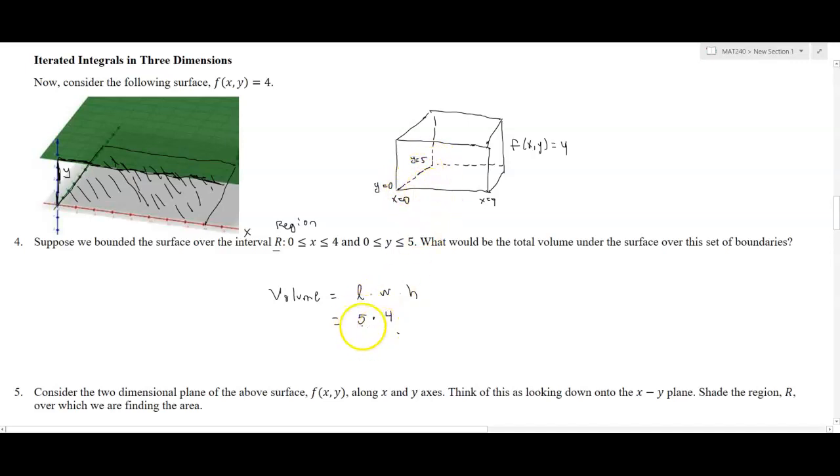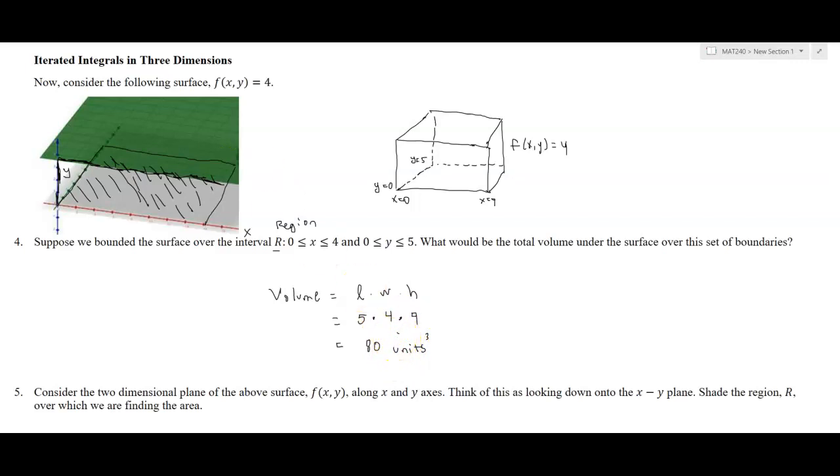The area of our underlying region in the xy plane is 20 square units, and then multiplied by the height, which is this constant 4, comes out to 80. We haven't given this any specific units, so we'll say units cubed, because we have units of length by units of width by units of height, which gives us 80 cubic units total.